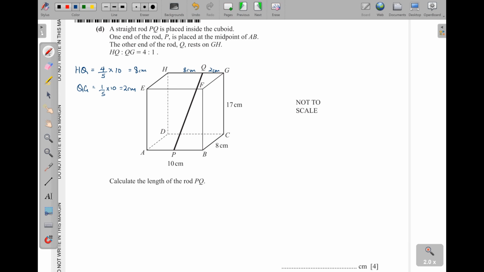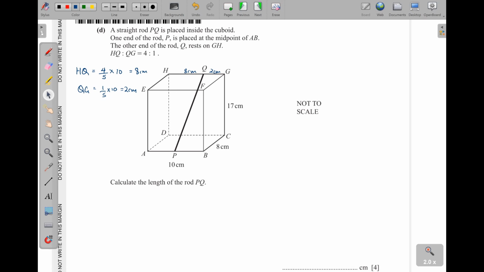Calculate the length of the rod PQ. Now to find the length PQ, I'm going to connect this one here, then down. So PF, then connect this one directly down to this face here. Then you also connect it here. So we need PF.